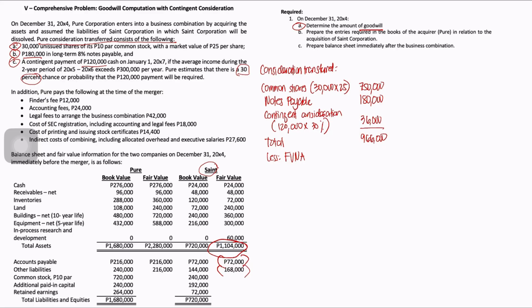Be sure to use fair value instead of book value. Saint's fair value net assets is 864,000. Hence, goodwill is 966,000 minus 864,000, 102,000.